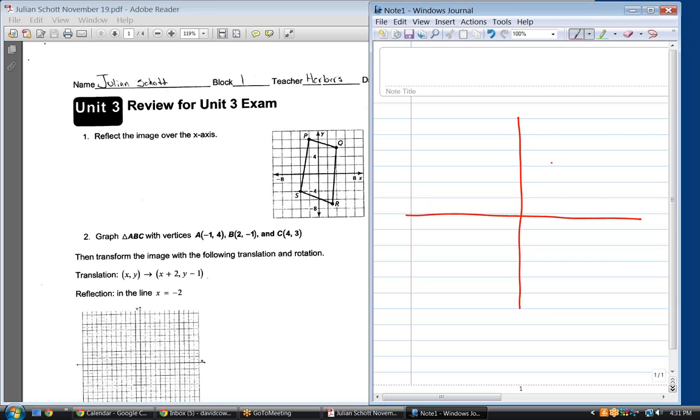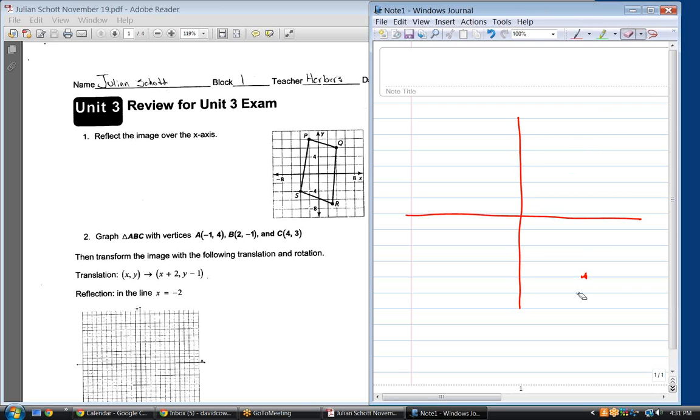In other words, if I had that point right there and I said reflect it over the x-axis, you would know that it had to be 4 units below the x-axis, right? That's what you're doing here, taking every point and putting it on the other side of the x-axis. And we only have 4 points to worry about.